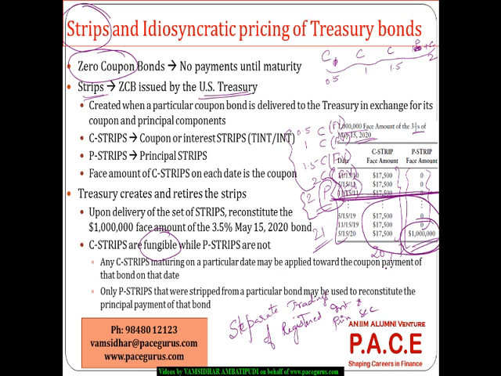So when I am trying to reconstitute the bond, I will see differences with respect to combining the P strips of different bonds, but C strips of different bonds can very well be combined, which means C strips are more fungible, but P strips are not.